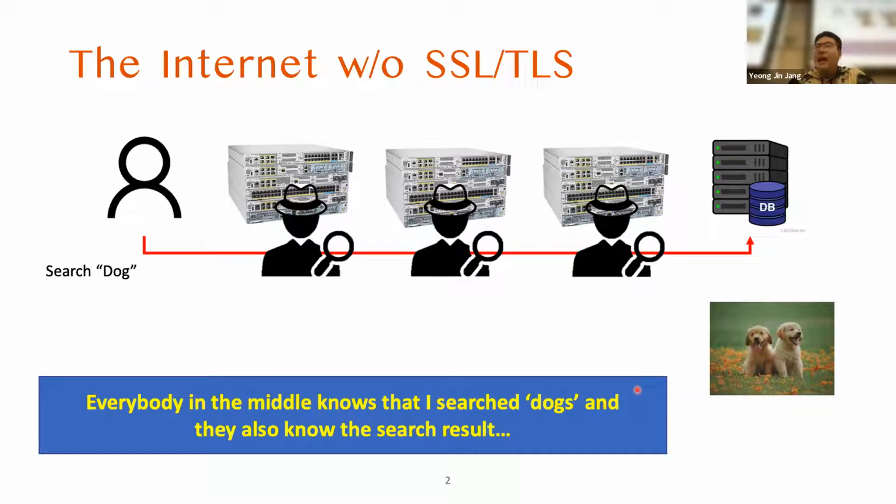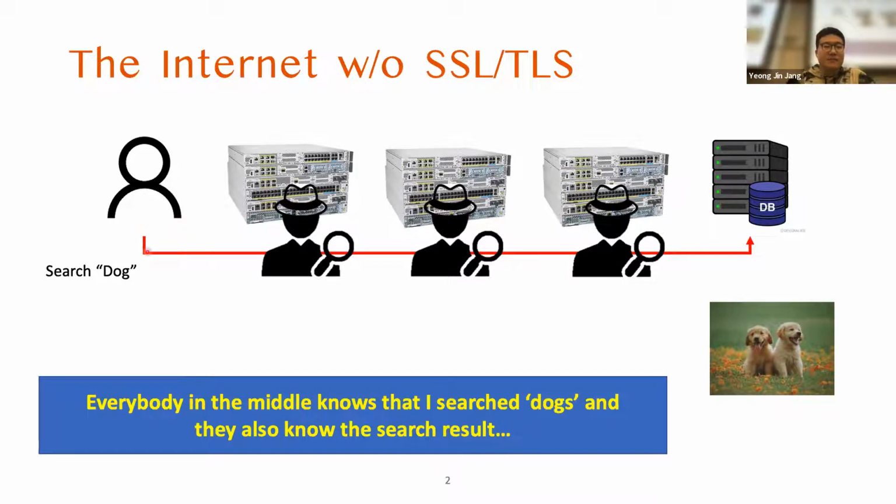The internet by default is insecure. When the internet was designed in the early 1970s, or late 1969 or so, they didn't design security features into the internet.